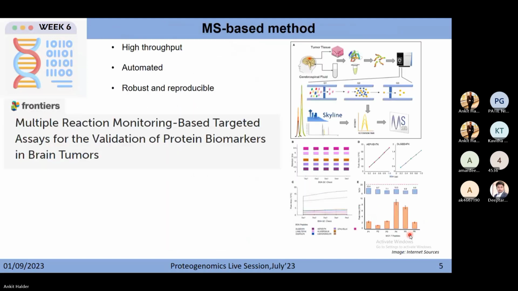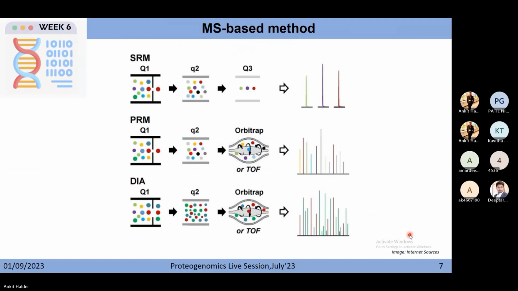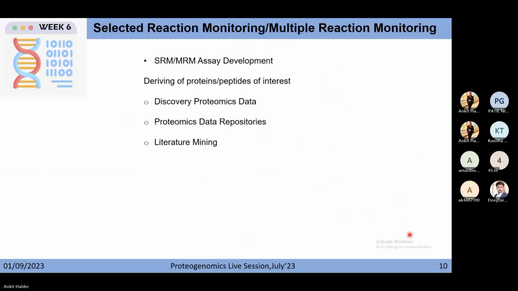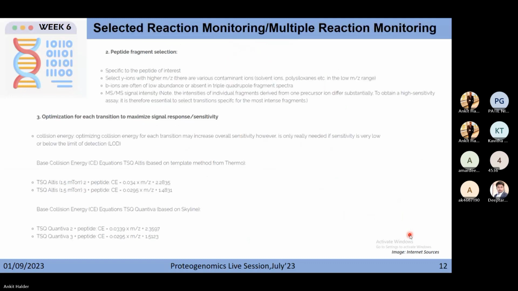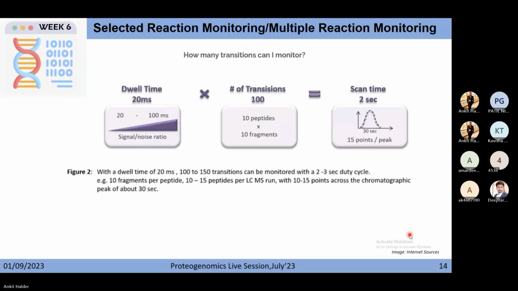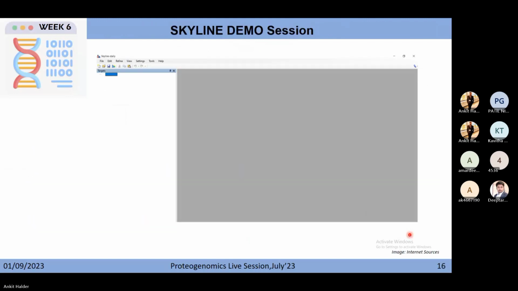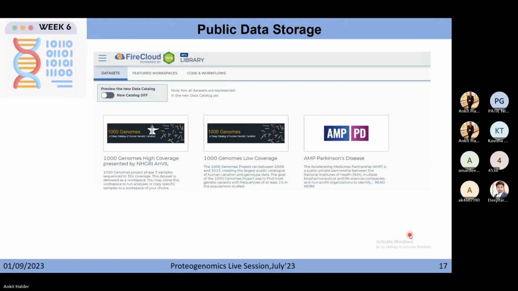A huge amount of data is generated now, so where do we store it, and how is it stored so that you can access it? For different proteomics and genomics data sets, we will look into such repositories. One such repository is Fire Cloud. Why are these needed?